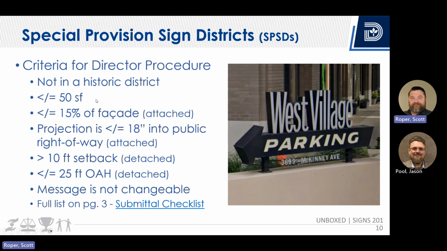Projection has to be less than or equal to 18 inches into the public right of way for attached signs. And all detached signs have to have at least a 10-foot setback, and overall height of less than or equal to 25 feet. It cannot have changeable messages. And then if you look at page 3 of the submittal checklist that's provided, and it's also linked here, it'll give all of these exceptions.